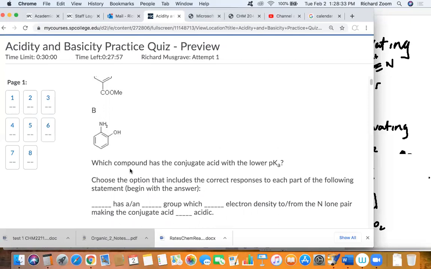So we get a universal effect on acids, we get a universal effect on bases, and they're opposite. Deactivating groups are going to make things more acidic, we'll say that, and activating groups tend to make things less acidic. Deactivating groups tend to make things less basic, and activating groups tend to make things more basic. I think that those are fair things to say.